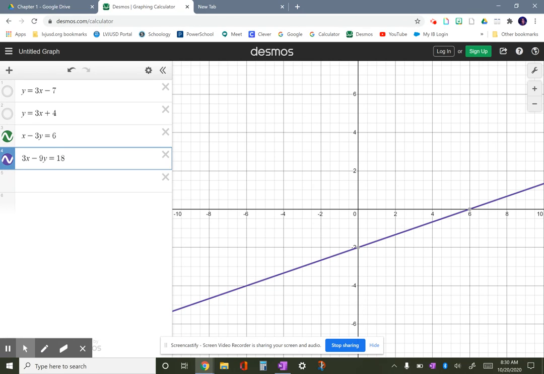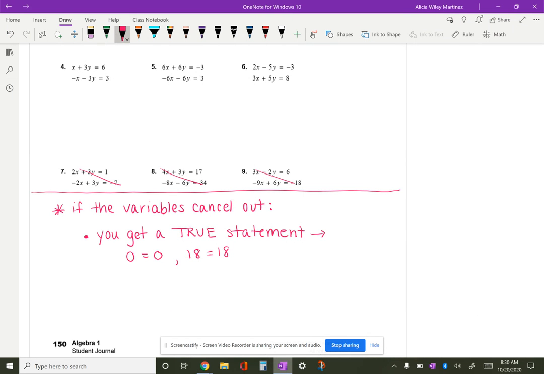And there it is. Notice what happened. Those 2 lines are exactly the same line when we graph them. So there's where the green was, and now it is overlapping with the purple. So we can now say that because of that, they're the same line. We know that the answer is going to be infinite solutions.